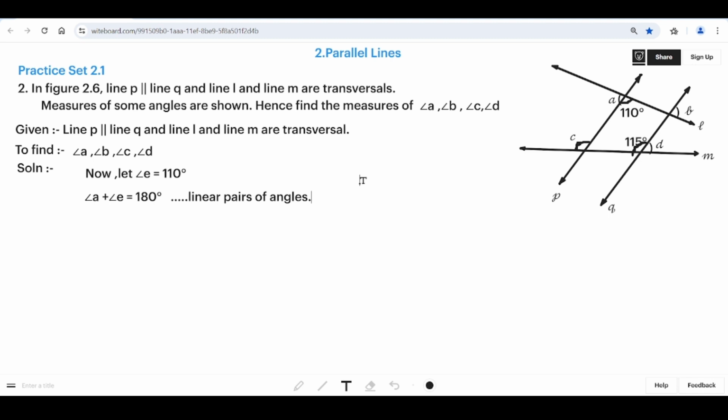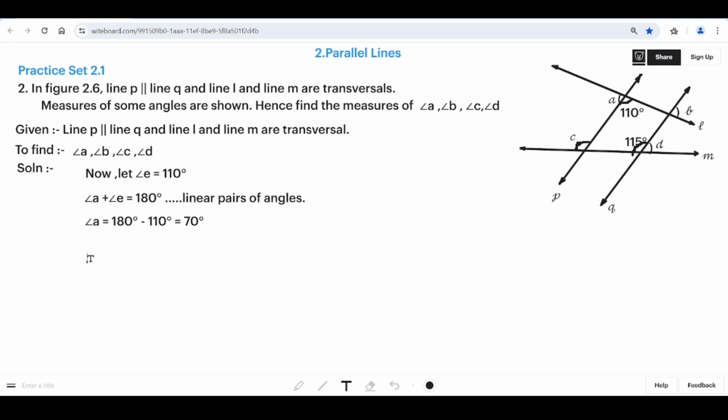So from this we can now find angle A. Therefore, angle A is equal to 180 degrees minus E, which is 110 degrees, and the answer will be 70 degrees. So in this way we have found our first angle, angle A.